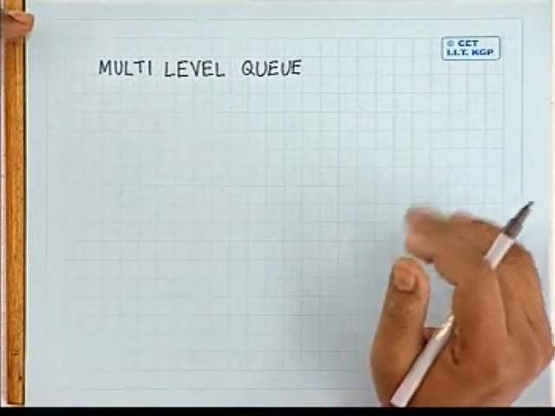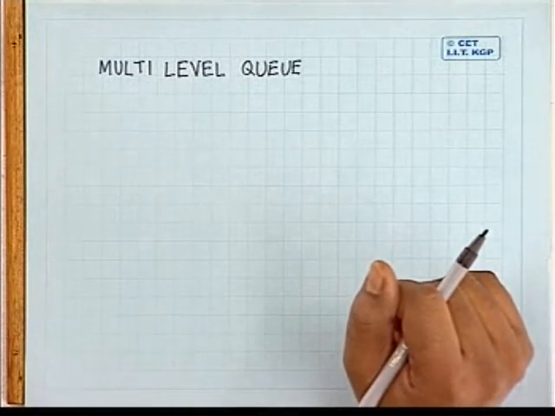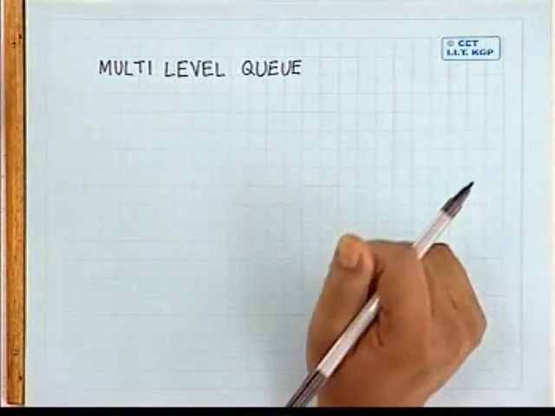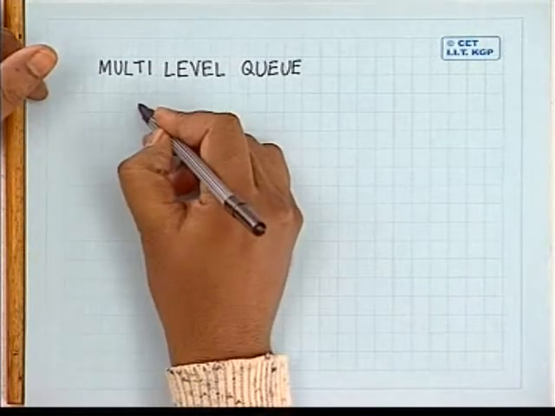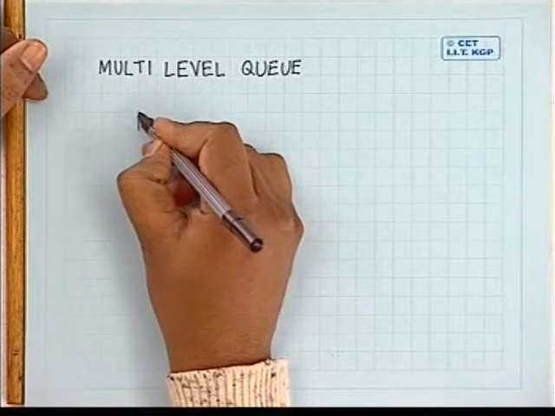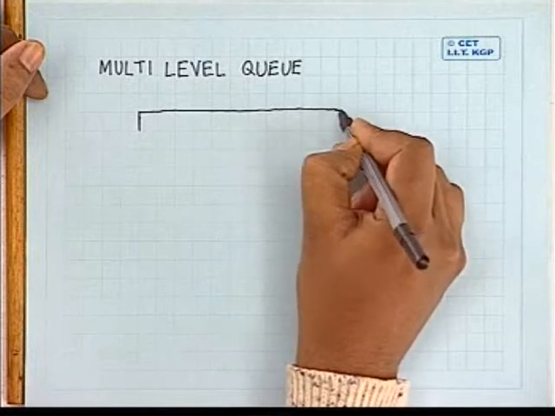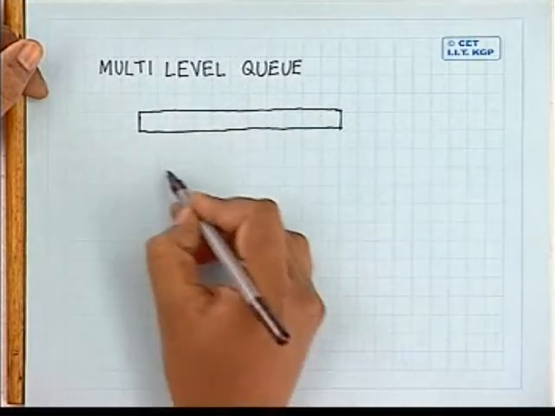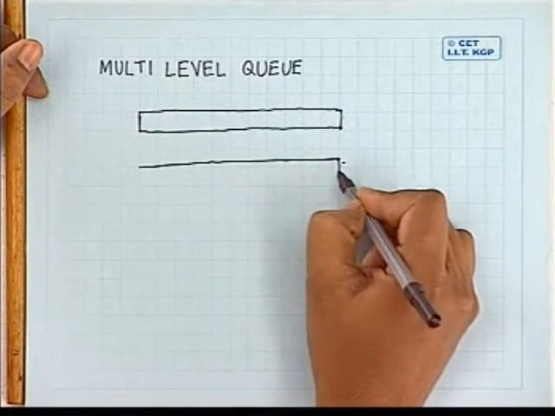If we can categorize the jobs depending upon their CPU time requirement, then instead of having a single ready queue, I can have multiple ready queues. So I'll put multiple ready queues like this. This is one ready queue. This may be another ready queue.